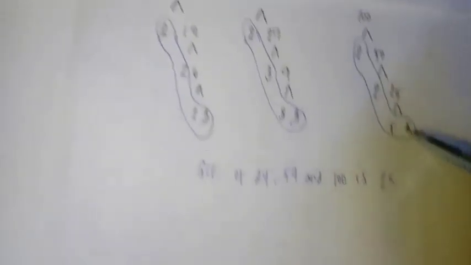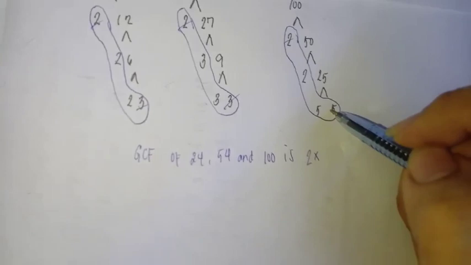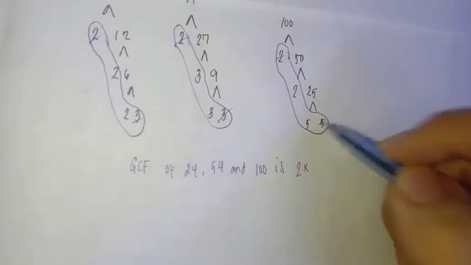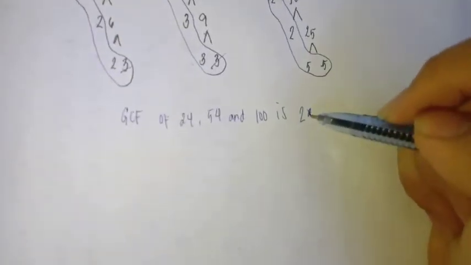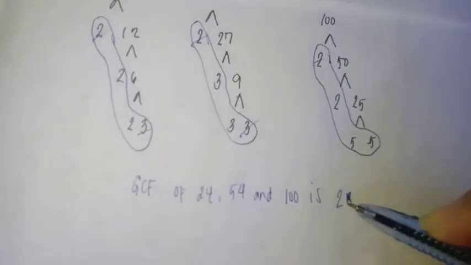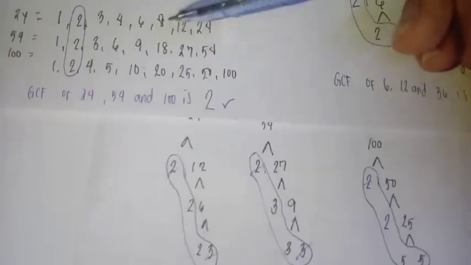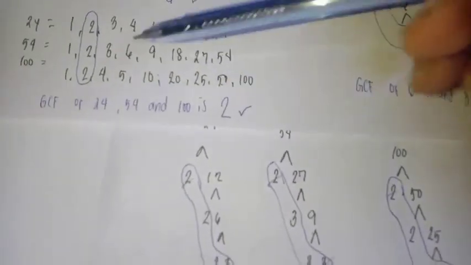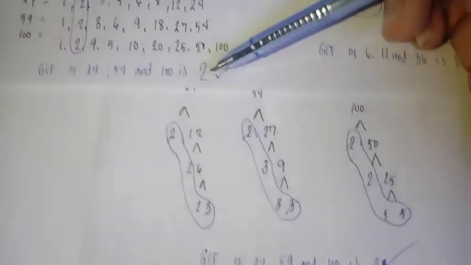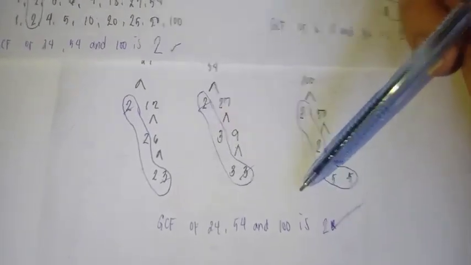None either. So the only common factor that we have is 2, which is the same as the process of listing out common factors. The GCF of 24, 54, and 100 is 2 only, so we get the same answer.